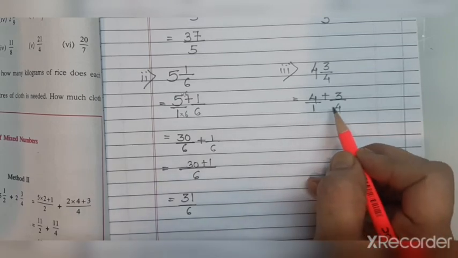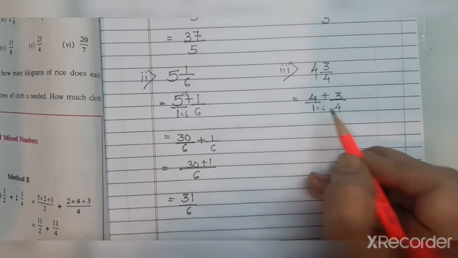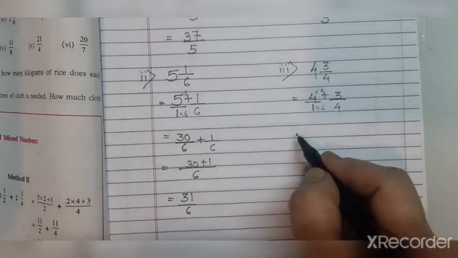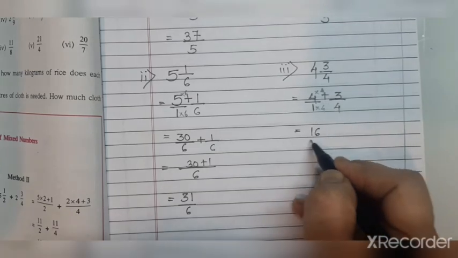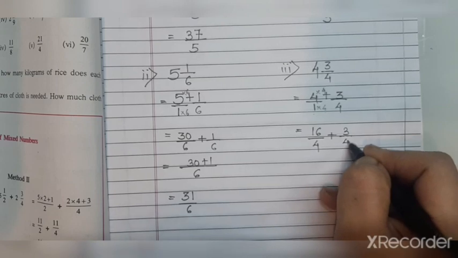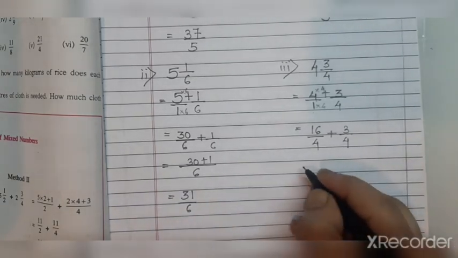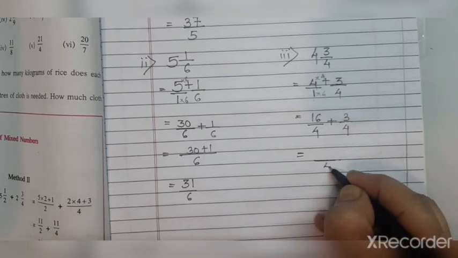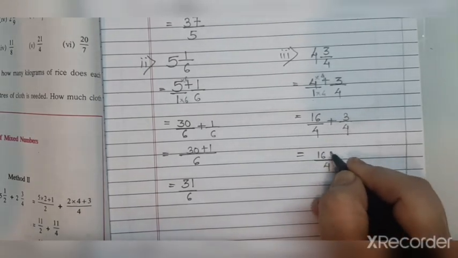We can convert 1 to 4 only if we multiply by 4. So we have to multiply 4 in the numerator also. So 4 into 4 is 16 upon 1 4 is a 4. And this other number will remain the same. Now we have got the denominators same, so we can add the numerators.